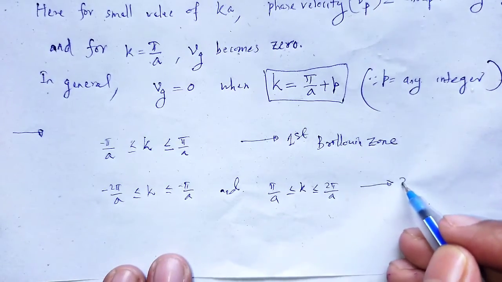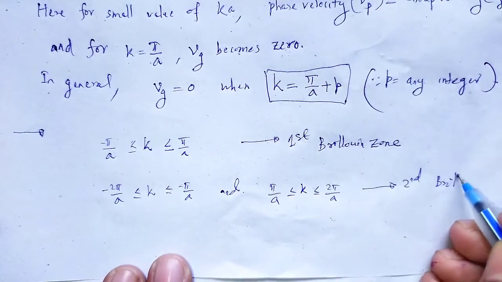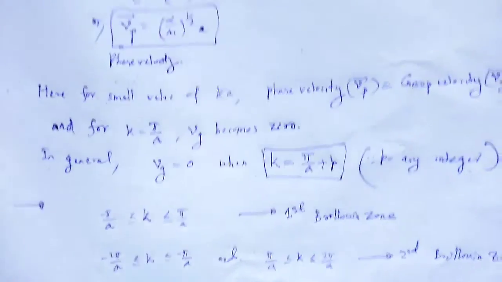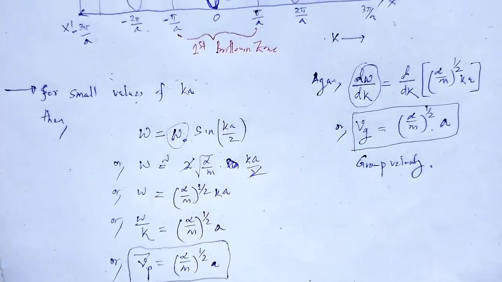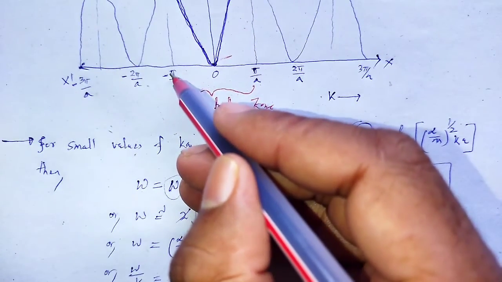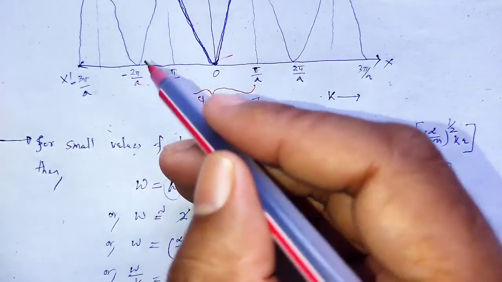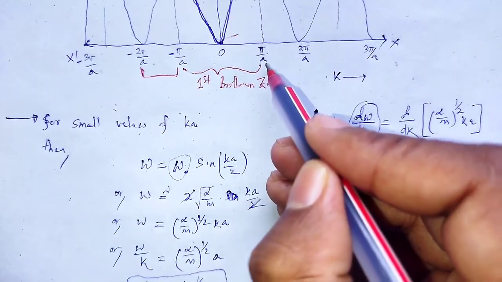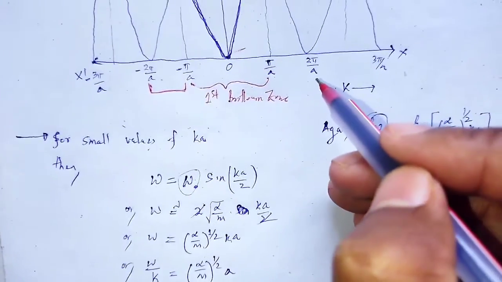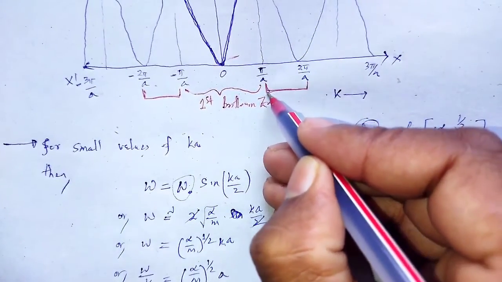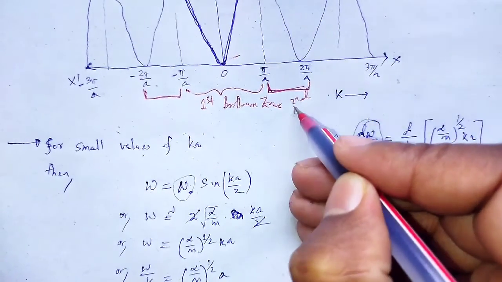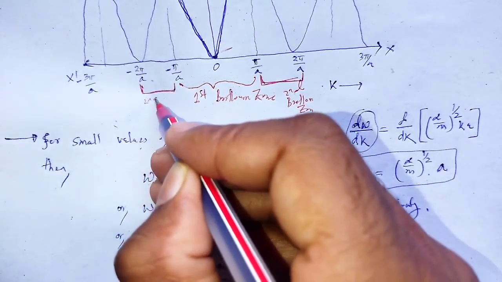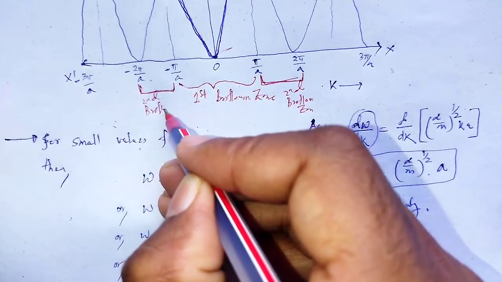Here we obtain the second Brillouin zone, in the negative section from minus pi by a to minus 2 pi by a and in the positive section from pi by a to 2 pi by a.